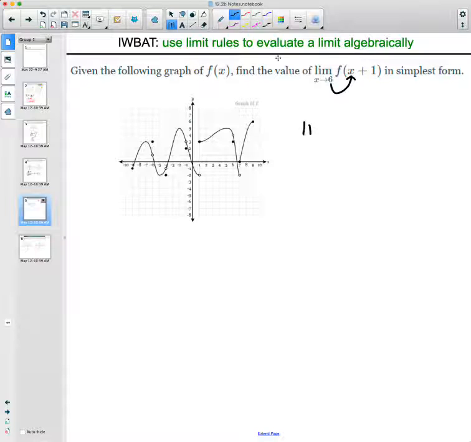So you're looking at f of 7 instead of f of 6. As x approaches 6 plus 1 instead of just 6. So we're going to look at 6 plus 1 here, which is 7. And the limit of that is undefined.